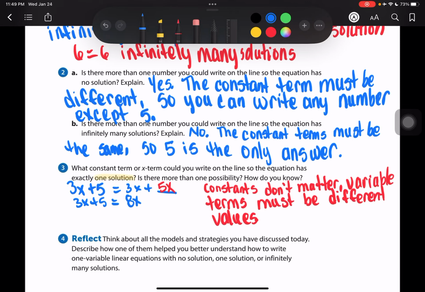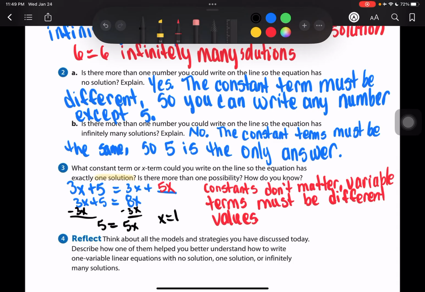Remember, we want our variable terms on one side and our constant on the other. So if we subtract 3x from each side, that'll leave me with 5 equals 5x. Therefore, x equals 1 when you divide both sides by the coefficient 5.